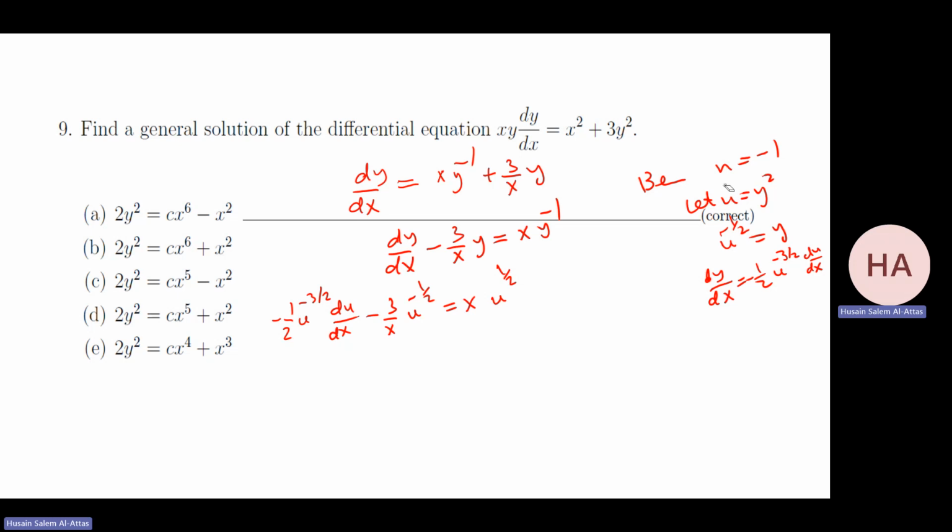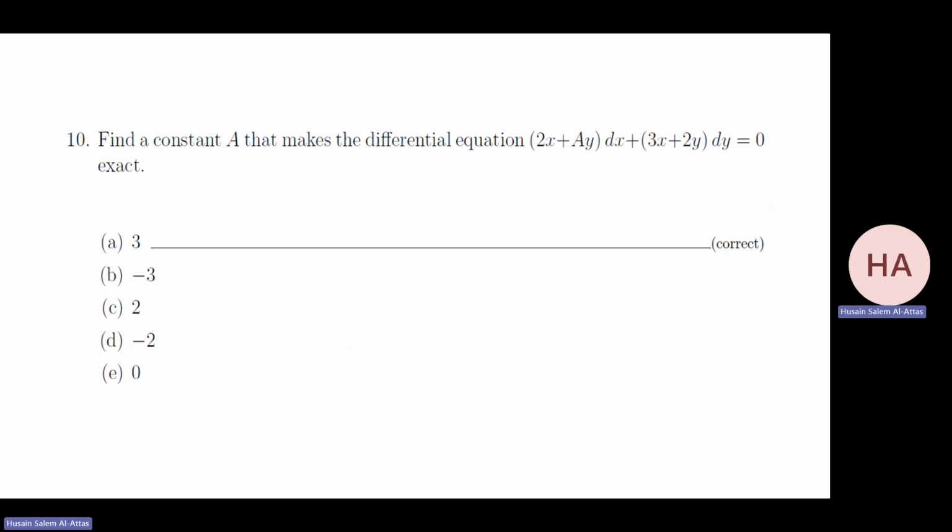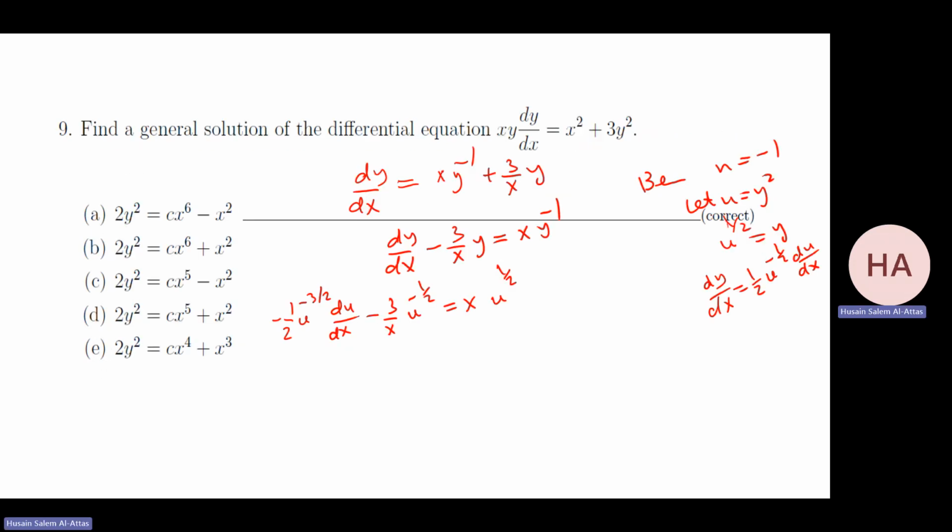So u = y^(1 - n), y^2 to the power 1/2, not -1/2, sorry, to the power 1/2. Yeah, that will be y. So dy/dx will be 1/2 u^(-1/2) du/dx. Sometimes you have to be careful with the calculations, powers and things like this.